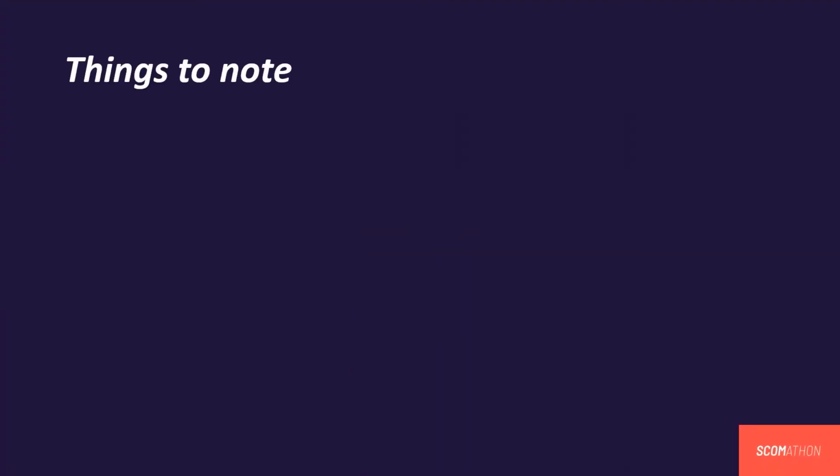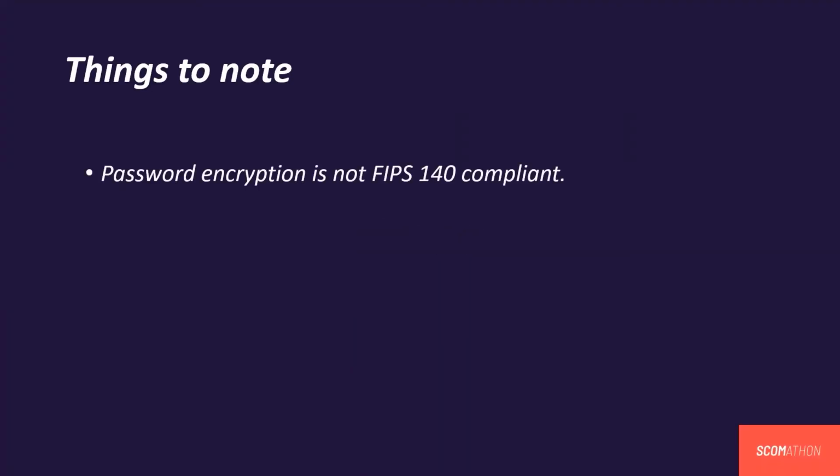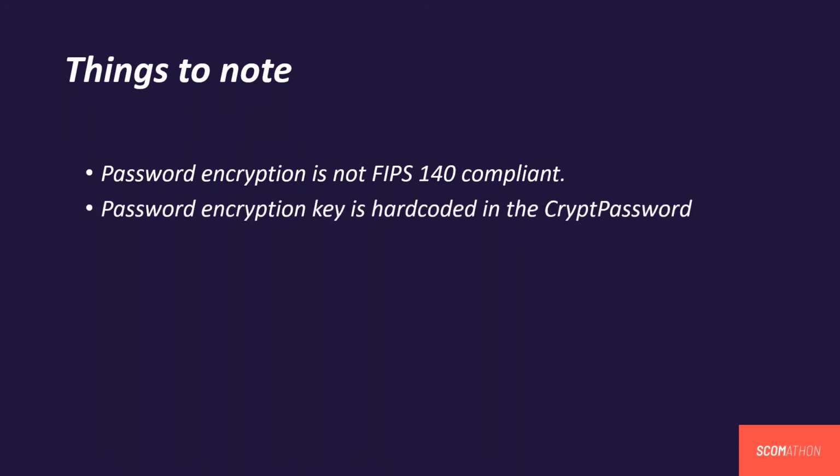There are a couple of other bits to go through. There are a few things to note here. Okay. So the password encryption is not FIPS 140 compliant. I think that's used a lot in government facilities. I wasn't aware of it. We don't use it. So just be aware of that. The password encryption key is hard coded into the crypt password.